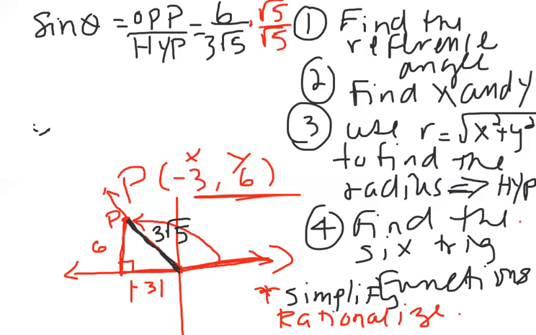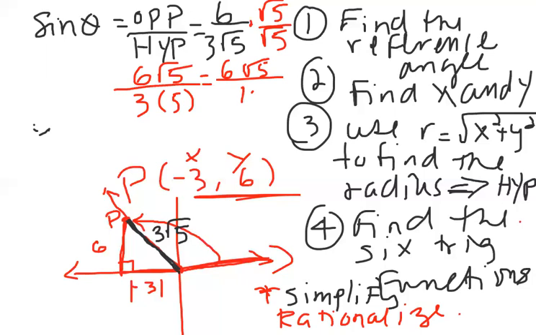So what would you be left with? 6 radical 5 over 3 times 5, which gives you 6 radical 5 over 15. But guys, this needs to be simplified. So when we simplify this, what does it reduce to? It reduces to 2 radical 5 over 5.